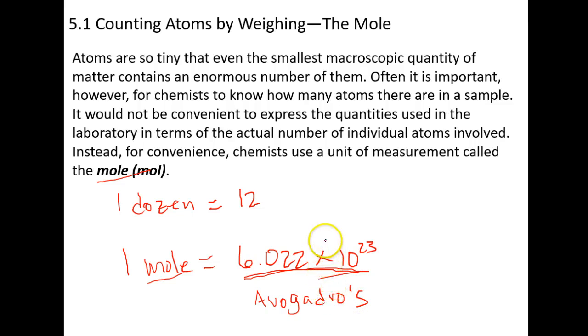So if I ever say the word mole, this term just implies 6.022 times 10 to the 23rd. That's all this word means. Instead of saying a dozen, we just say the word mole.